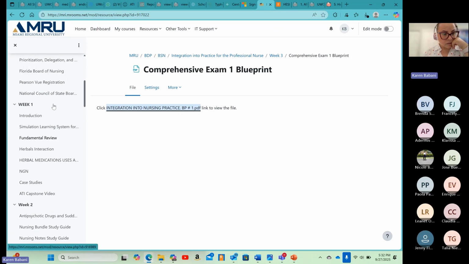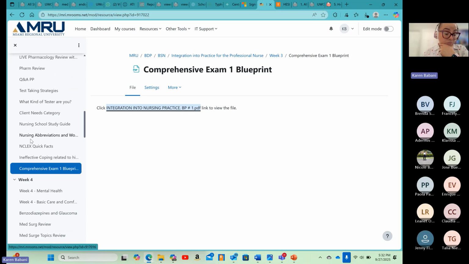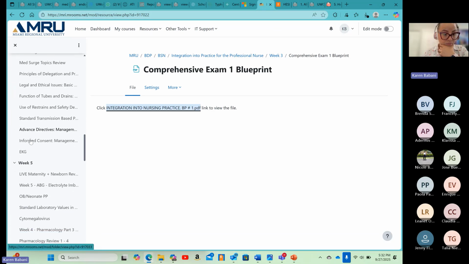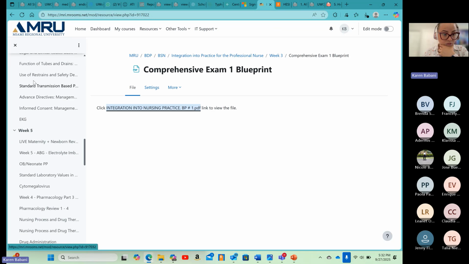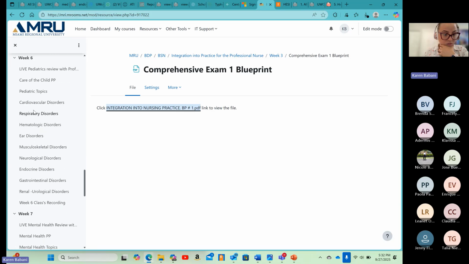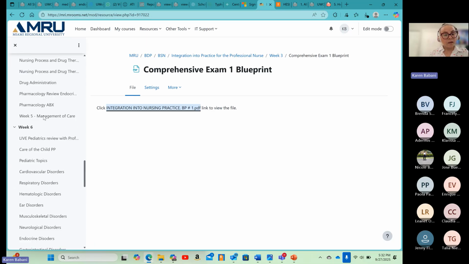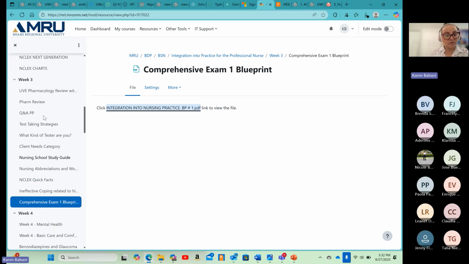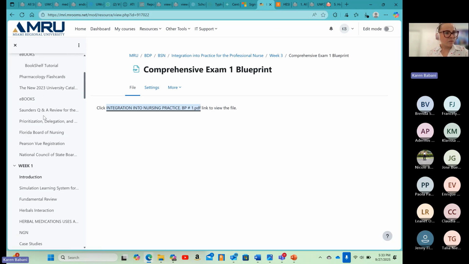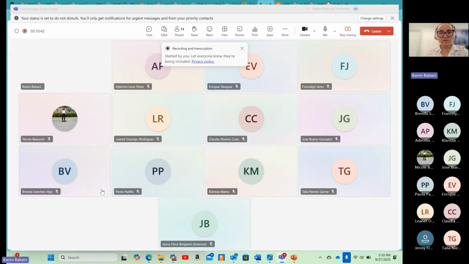Oh, it's not there. Where did I put it? Let me double check because I'm almost positive and I put cardiology. It's possible that it's not there. Let me see. If not, I'll make sure to put it on. This one is the EKG. Oh, I don't see it. You are correct. So I'll put it on. I'll upload it after we're done because I will have to close it in order to upload it. But I'll put it on. Wow, I was almost positive. Maybe I put it in the wrong class because I know for a fact I put it on. I put cardiology in big letters. Maybe I put it in the wrong class.